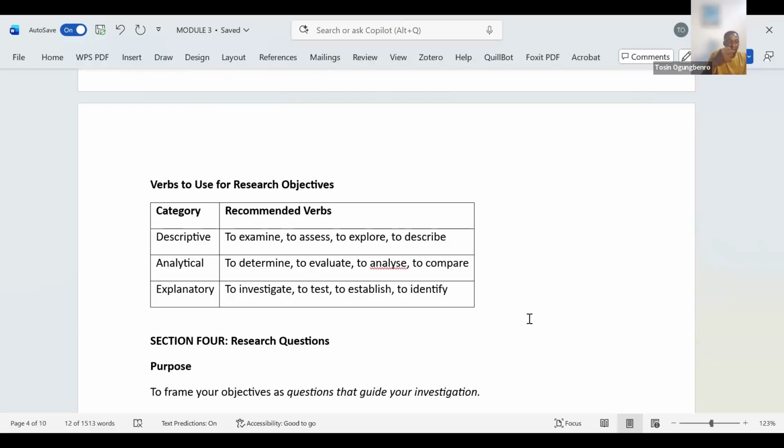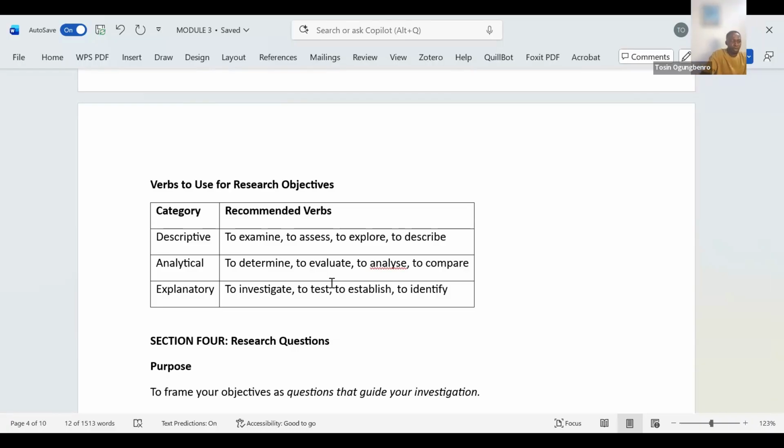When you're using quantitative, your phrase should capture that you are quantifying something, you are measuring something. That's where you use analytical phrases like to determine, to evaluate, to analyze, to compare. You can say to measure.